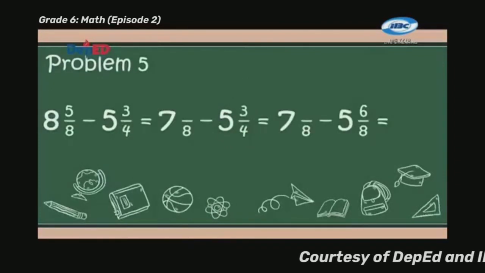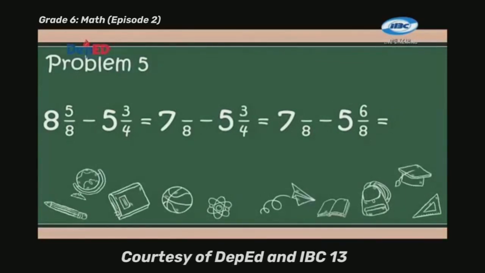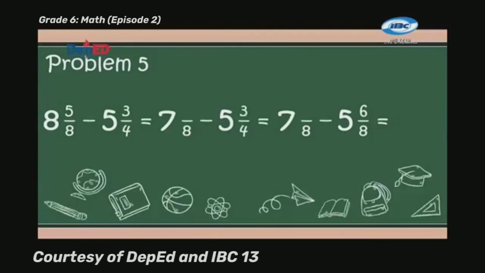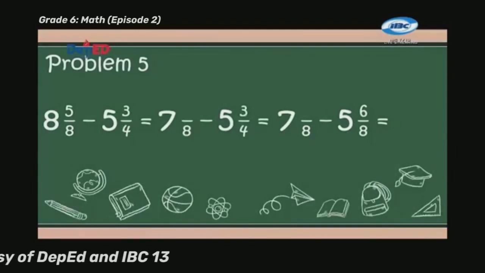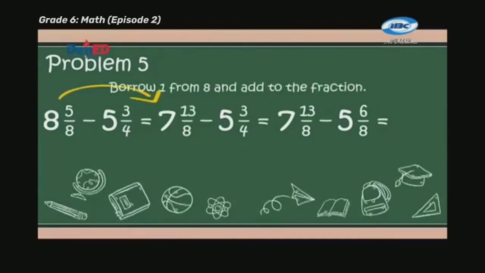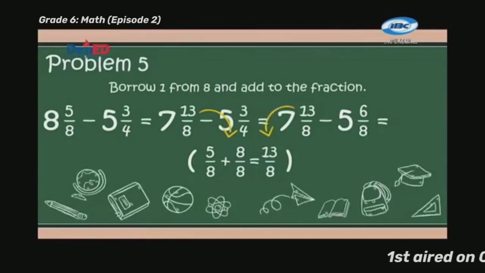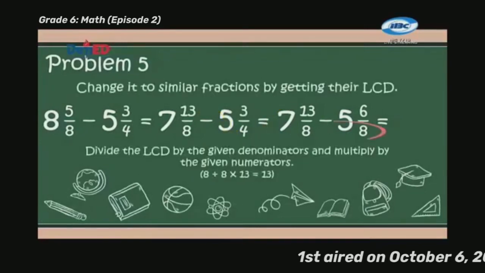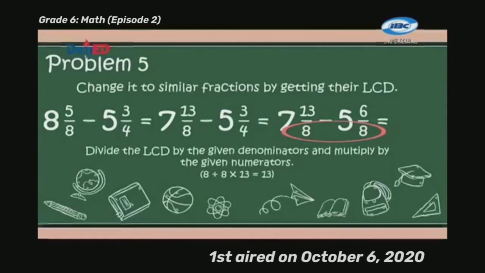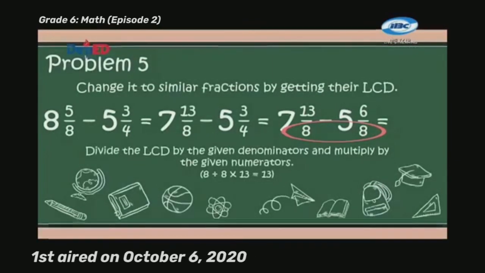Number 5. In this case, fractional parts cannot be subtracted because the minuend is smaller than the subtrahend. So, we will apply regrouping. Borrow 1 from 8 and make it 7 and 8 eighths plus 5 eighths equals 7 and 13/8 minus 5 and 3/4. Since they are dissimilar fractions, change it to similar by getting their least common denominator or LCD. 8 is the LCD of 8 and 4.